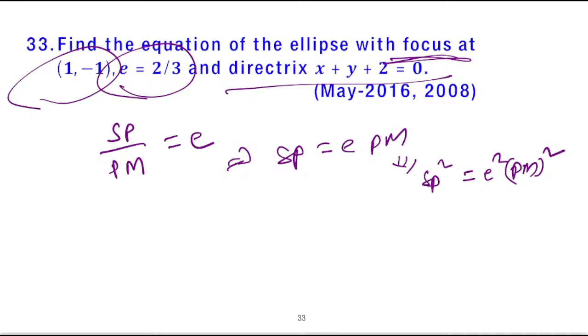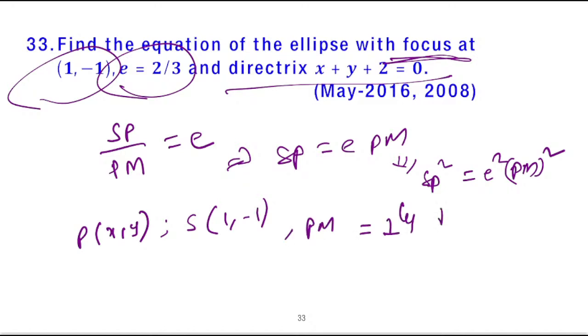What is S? The given focus. P you can always take as x comma y. And what is PM? The perpendicular distance from P to the directrix.